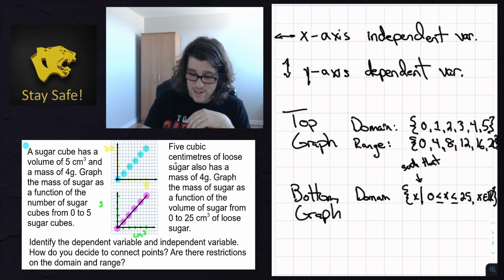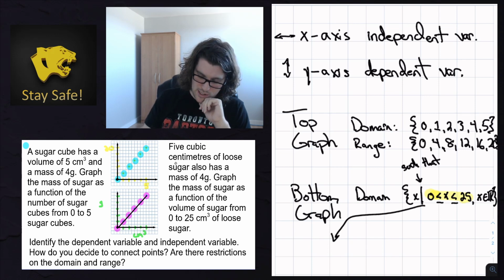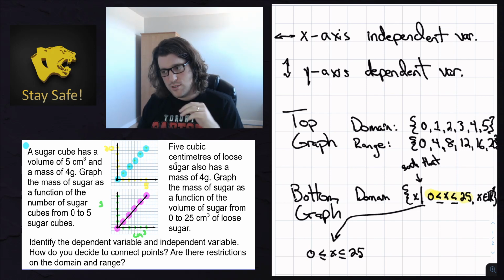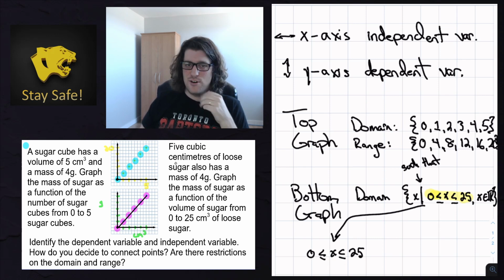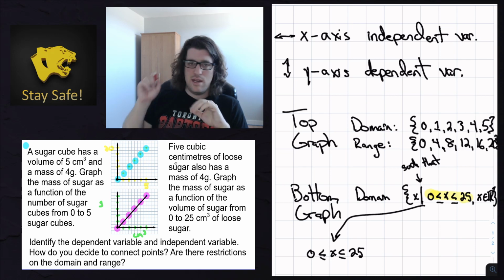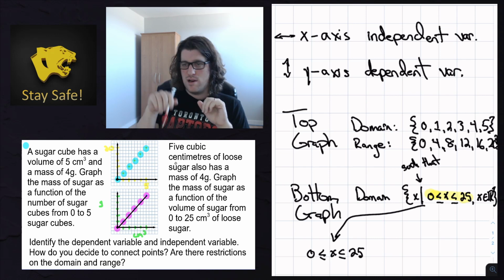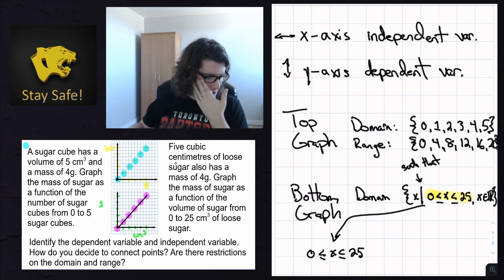As a side note, what your textbook would do for this, which is okay, and you can follow along with this too, is just say this without any of the other notation. So it would say 0 is less than or equal to x, which is less than or equal to 25. It wouldn't have the beginning curly brace, x such that, and it wouldn't say that x has to be a real number afterwards.